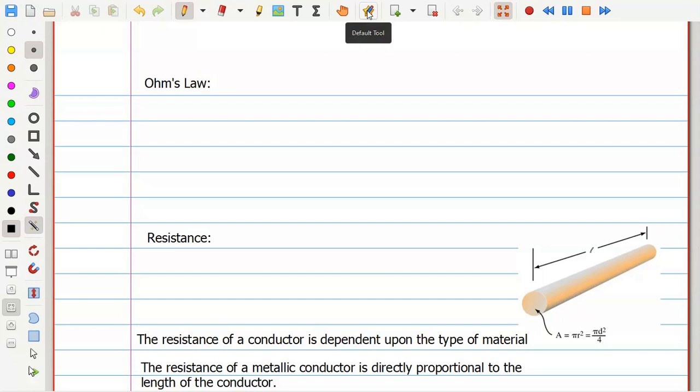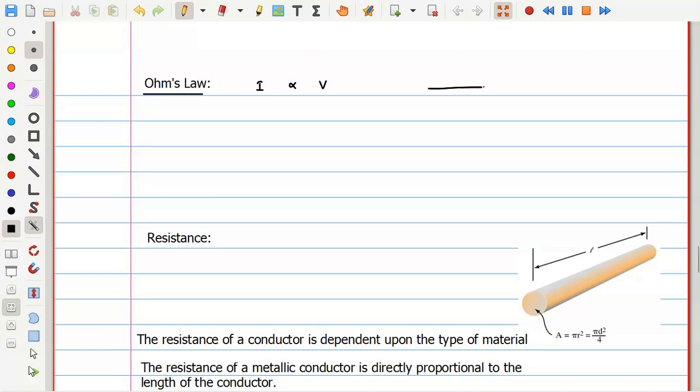To begin the discussion of passive elements, let us start with our first law, Ohm's law. Ohm's law states that the current through a conductor is proportional to the voltage difference across the conductor terminals.